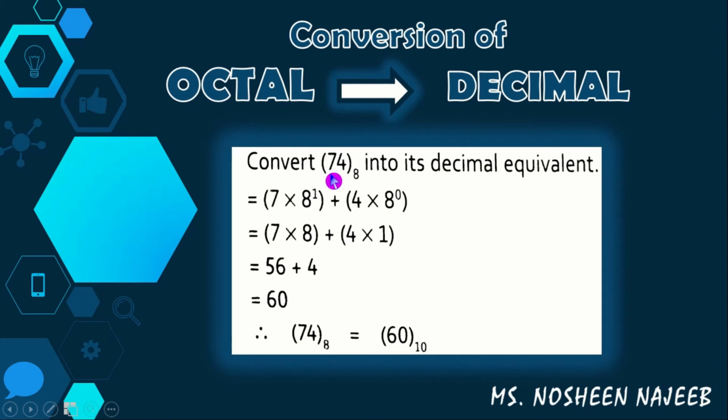Here we have 2 digits, 7 and 4, so we will make 2 sets. In the expansion method, we always multiply the digits with the given base, which is 8. The digits of the given number system are multiplied by the base of that same number system. For example, here we have 74 from the octal number system, so we will multiply 7 with 8, and 4 with 8.